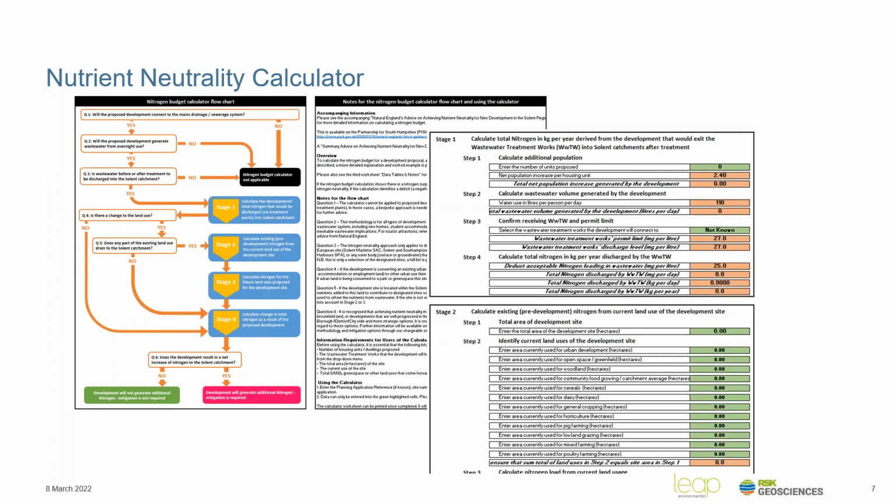So it's another screenshot from the same calculator. Stage one looks at the number of properties within the development. So just a simple number there. Net population per housing unit. It's taken Office for National Statistics numbers, which is 2.4 people per house, but you might want to change that number depending on what your actual site requirements are.